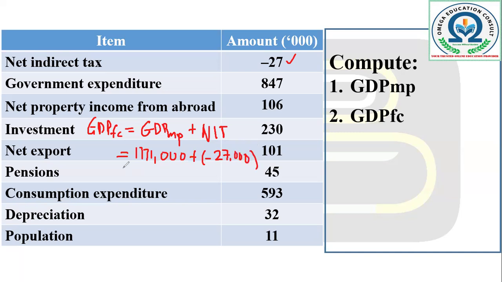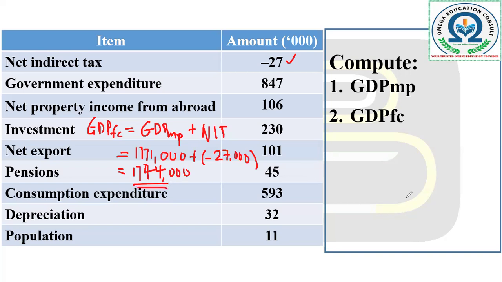Okay, so then you provide the final answer. So you realize that when you do that, you are going to get the same as our previous answer, which is 1,744,000. So take note of these. Okay, great.